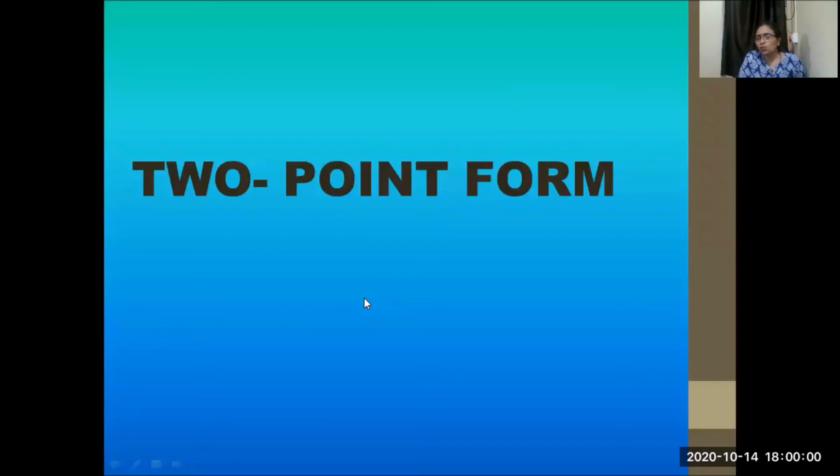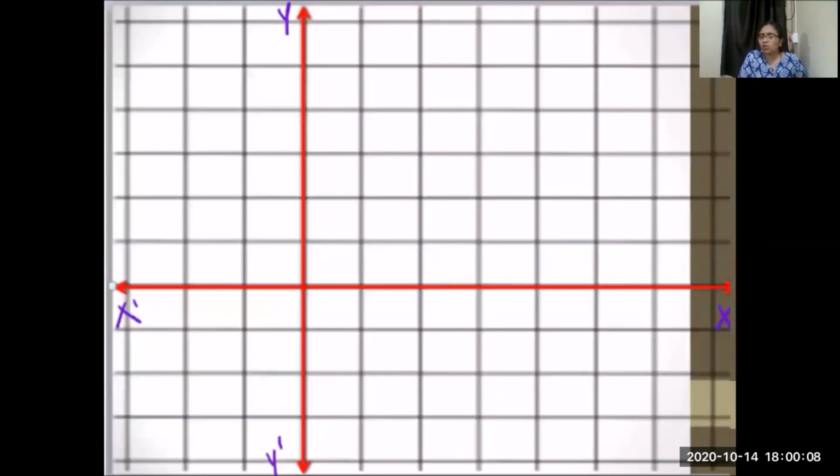Next is the 2-point form. When 2 points on the line are given, we have already seen in the first section how to find the slope when 2 points are given. Let A and B be the 2 points. Let me take A as x1, y1 and B as x2, y2.